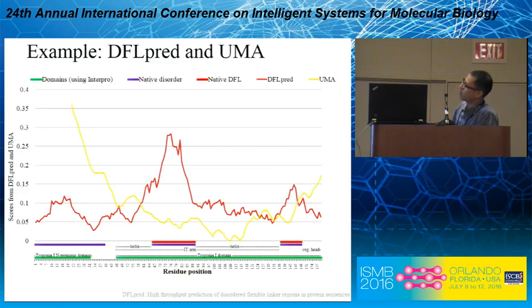Now, if we take a look at the score from the UMA method, which is a predictor to find flexible linkers, we can see this method has a high score for the N-termini of this protein. It can somehow find this region in between the two domains, but it cannot find the two DFL regions.